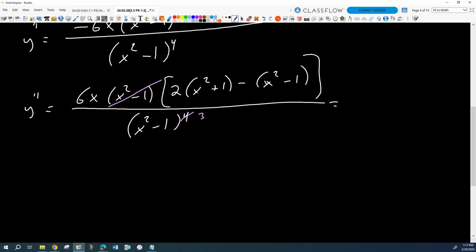So then on the top, we're going to get 6x. Now, what's all this going to be? We're going to get 2x squared minus x squared is x squared, plus 2 plus 1 plus 3, over x squared minus 1 cubed. Okay.